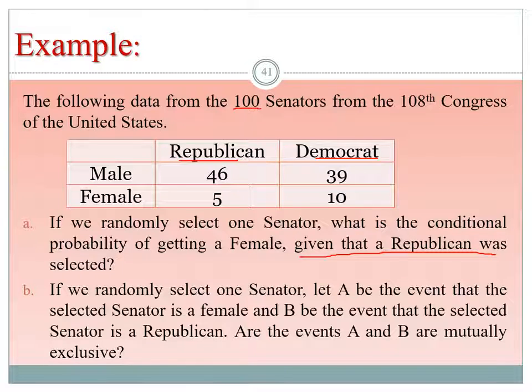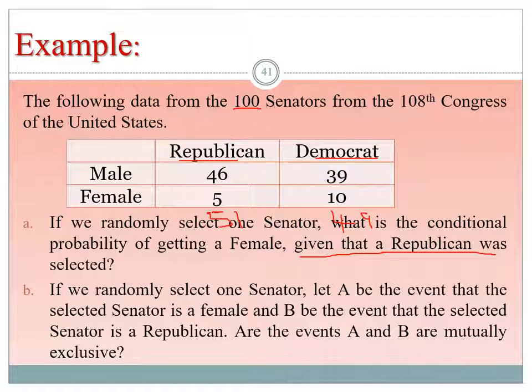In total we have 100 senators. If we calculate the sum of this second column, we get 51. So we have a total of 51 Republicans and 49 Democrats.